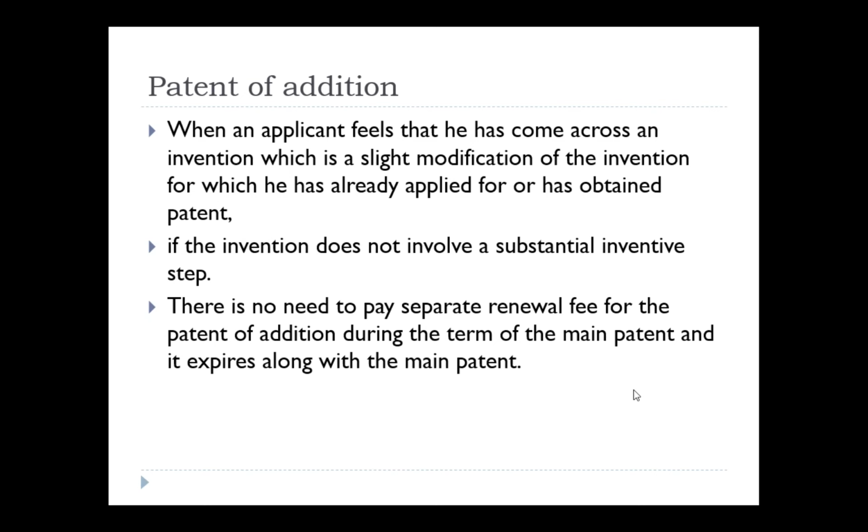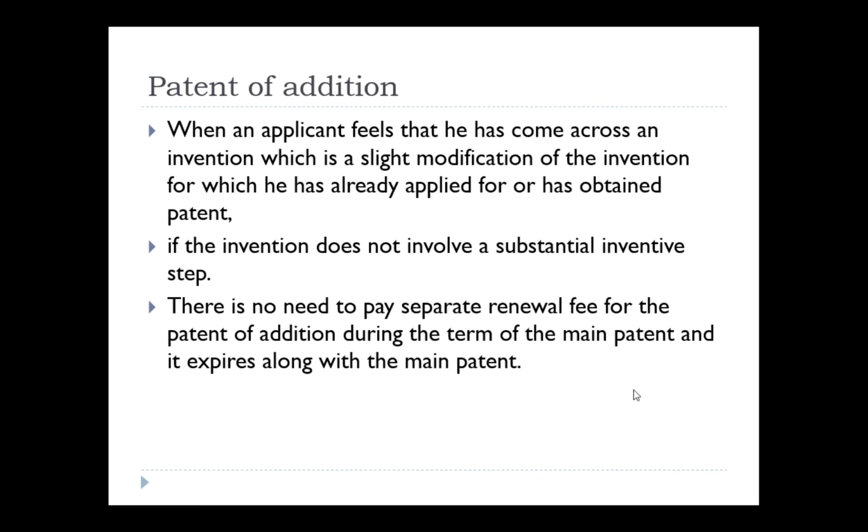This can be applicable within a shorter duration after the grant of the patent also. Please be clear. And the term they have used is slight modification, not complete modification, right? Again, as I stated, it is only the value addition, not an enhanced version of the existing invention.